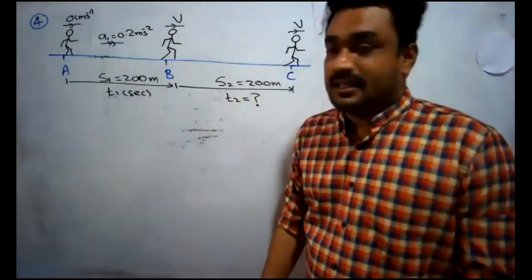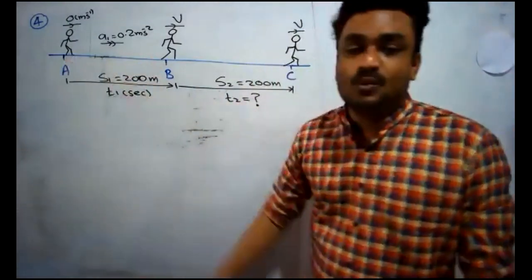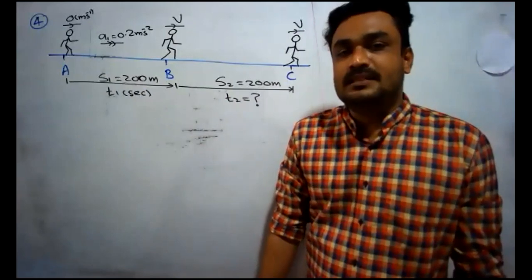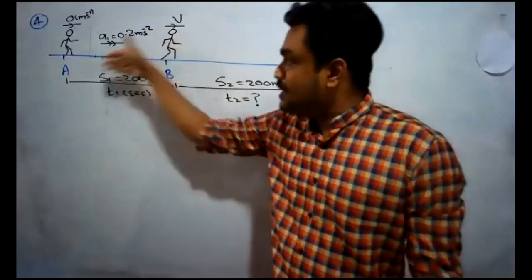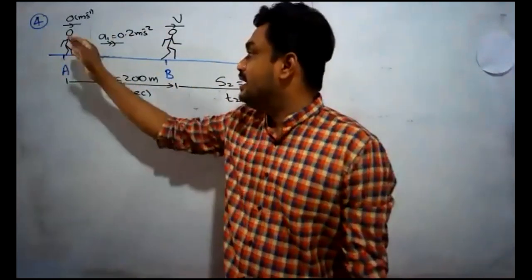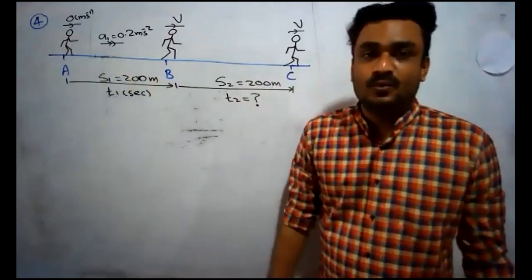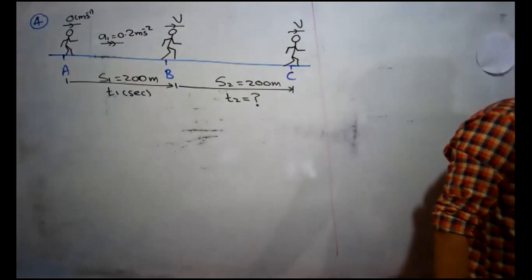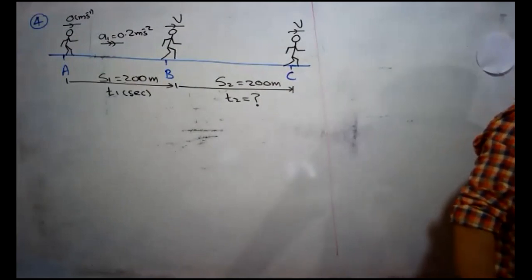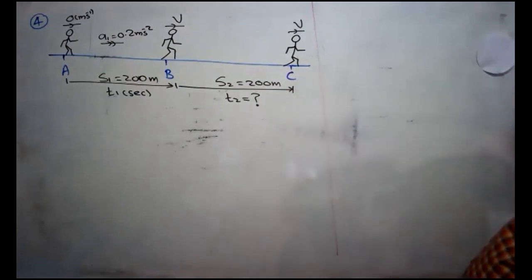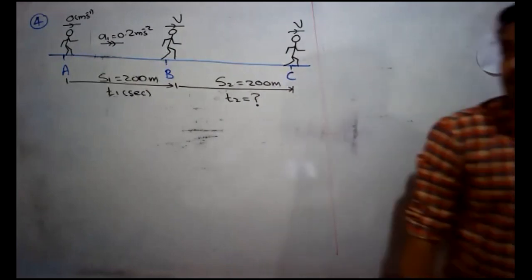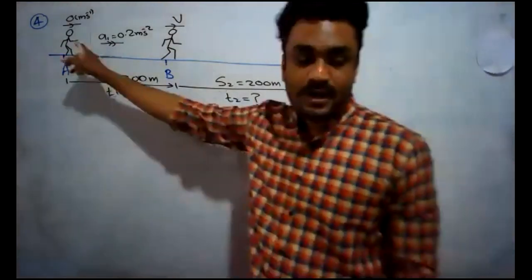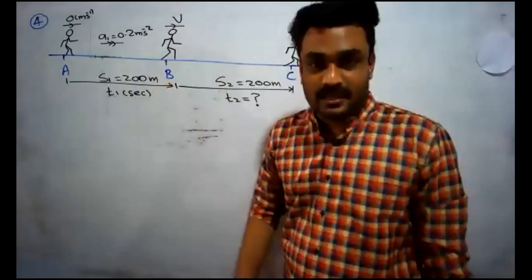Now the second question is, A to B object is moving with the acceleration. It means what will happen to the velocity of the boy when he runs from A to B? Will the velocity be increased or decreased or remains unchanged? Increases, sir. When the boy runs from A to B, velocity increases.